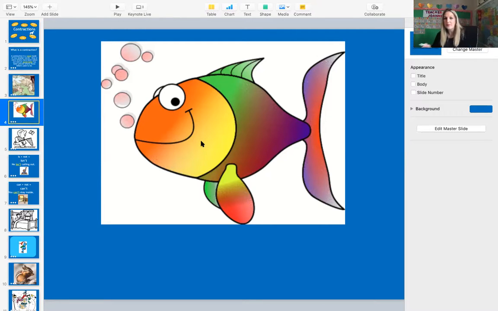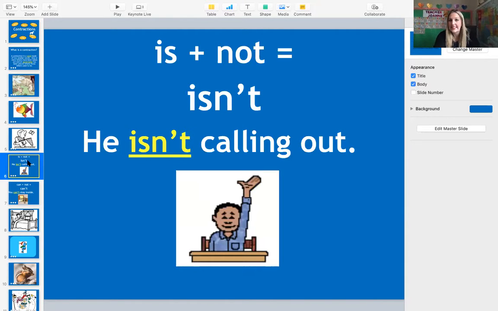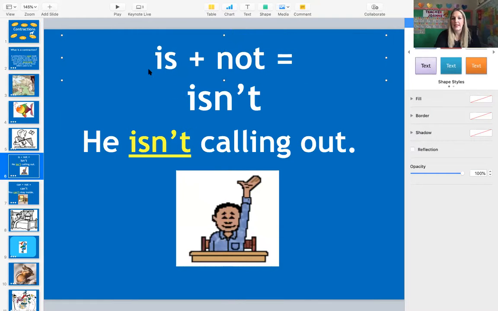Okay. Right now, we worked on some contractions. So let's go through a few more. Is plus not equals isn't. He isn't calling out. We took the O out and we put the apostrophe. Let's look at another one.